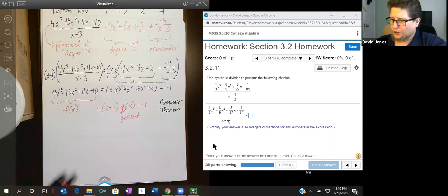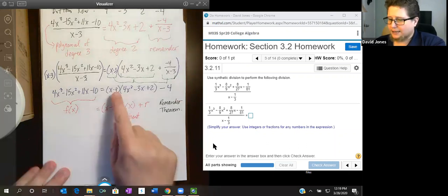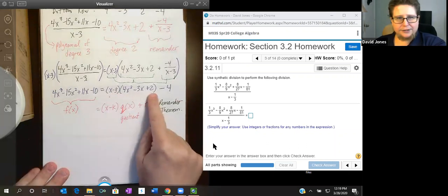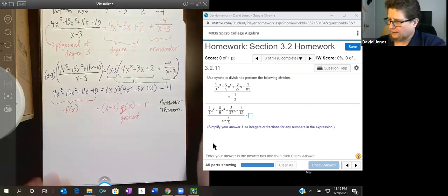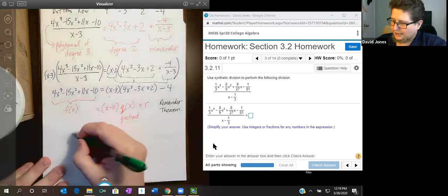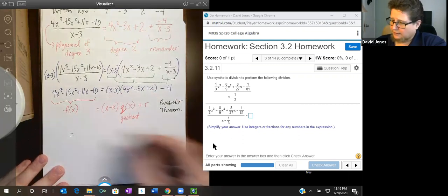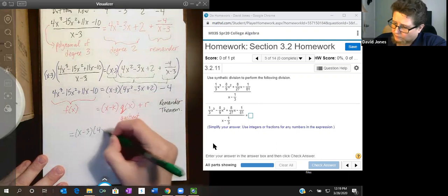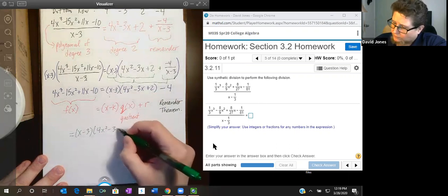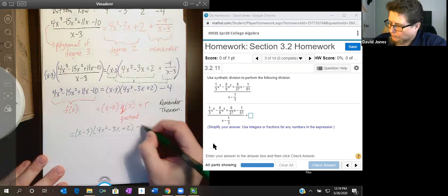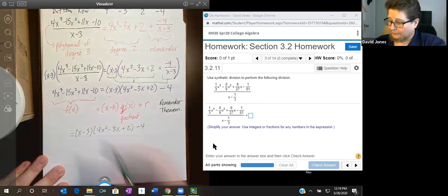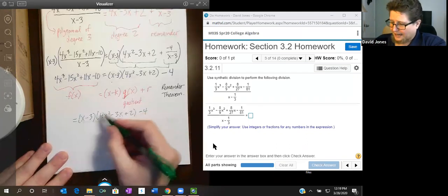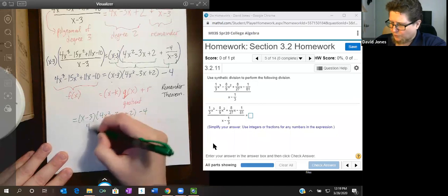All we have to do to finish showing it is finish multiplying that out, distributing. So let's distribute the right-hand side. I've got x times 4x squared is 4x cubed.